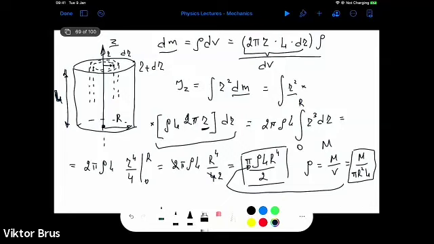I would recommend you to read about this parallel axis theorem by yourself. If you have questions, we can discuss this, because we still have quite a lot of material to discuss on Friday.